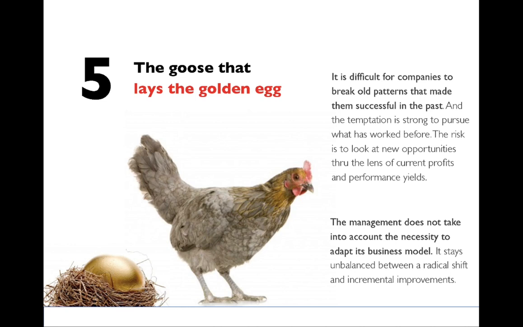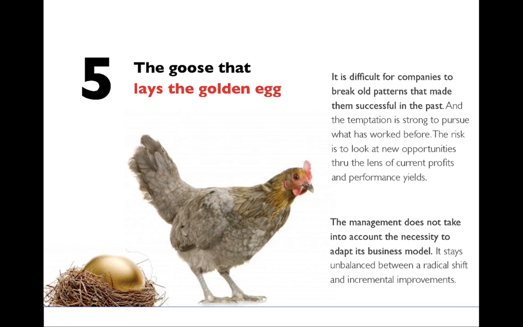Hopefully, all of you will know the story of the goose that laid the golden egg. The farmer who cut it open, looking for the rest of the golden eggs, but obviously killed the goose. It's difficult for companies to break old patterns that have made them successful in the past. We're going to look at some of these examples in a minute. Management does not take into account the necessity to adapt its business model.